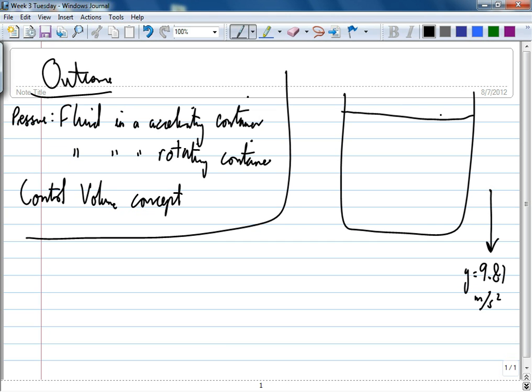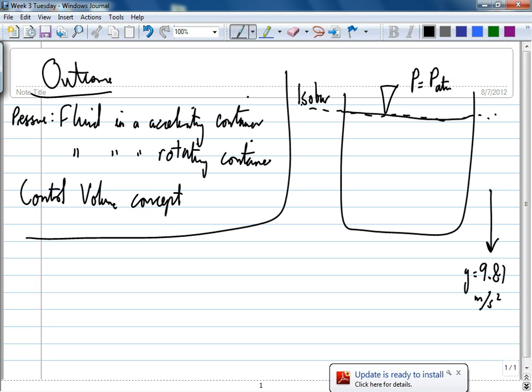At the free surface, the pressure is constant, normally. So P equals P atmosphere. This is a line of equal pressure. It's called an isobar. Iso means same, bar, pressure.